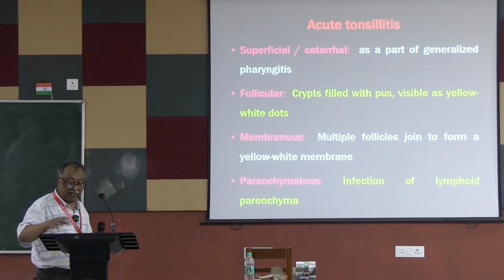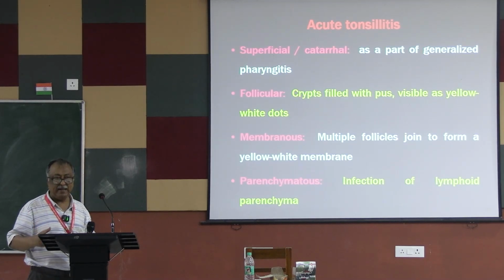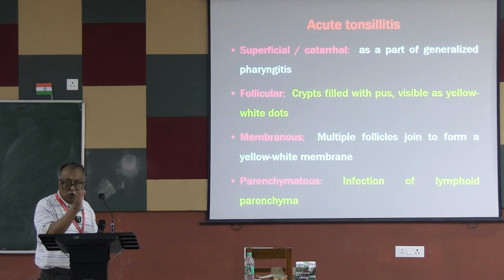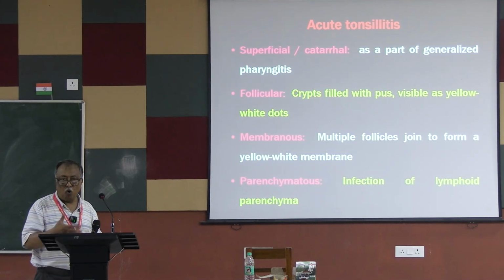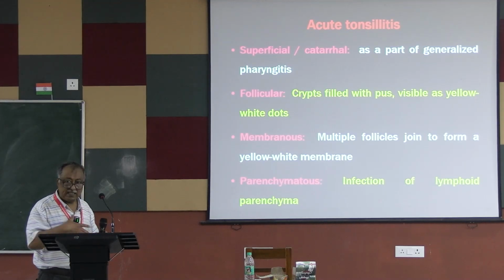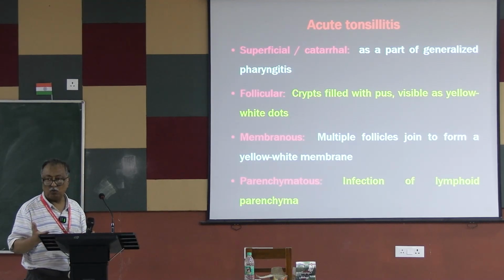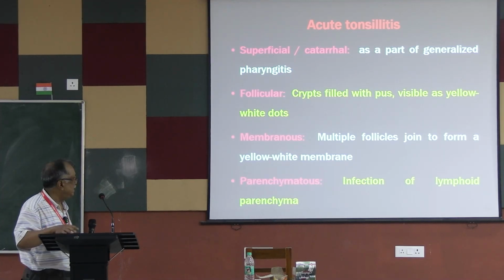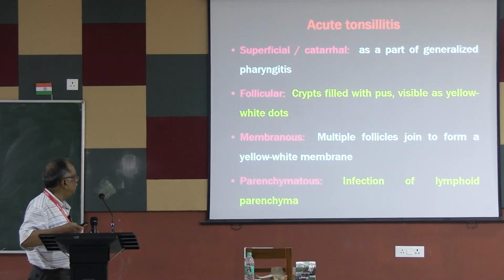And when you see pharyngitis, it is better to call it tonsillopharyngitis. The pharyngitis portion is more in adults, but in children the tonsillitis part is more. But the combined disease is tonsillopharyngitis. It is called here the superficial or catarrhal type.